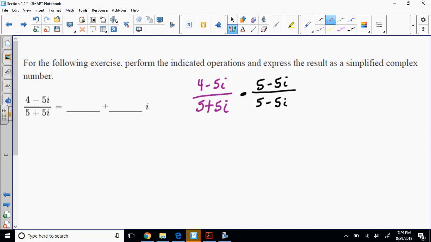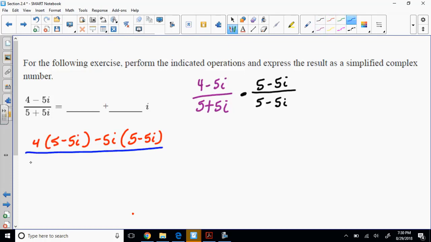Right? So let's just go over here, then we'll go to town on this. First term times everything in the second parentheses, second term times everything. That way you make sure that you are getting everything. Same principle, same process.